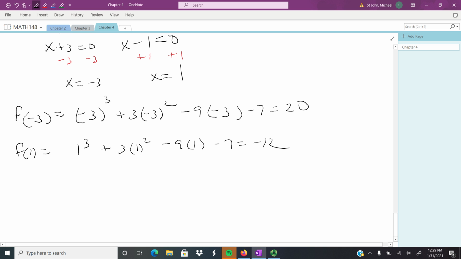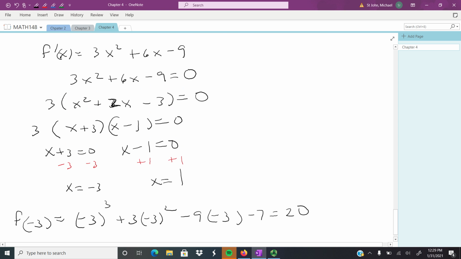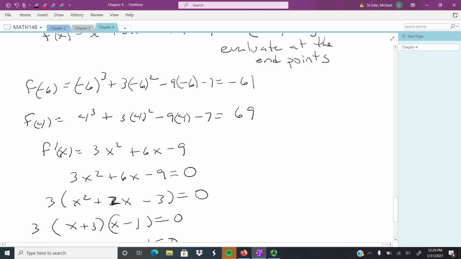We got a -12, we got a +20, and then up here we had a -61 and 69. And so, based on all those numbers, we would have that this is the absolute min, and this is the max.